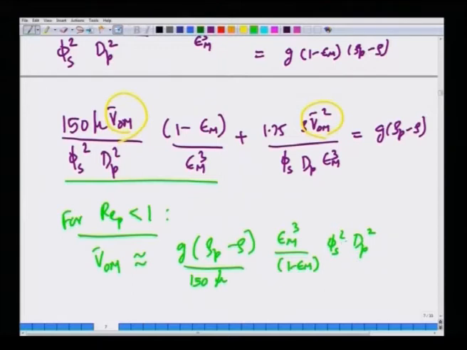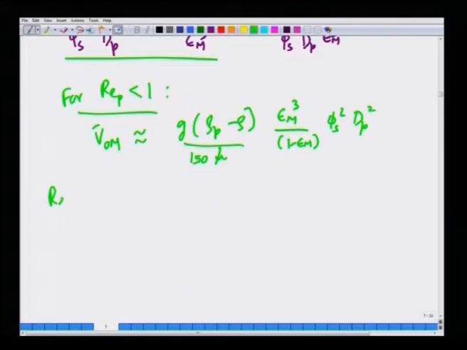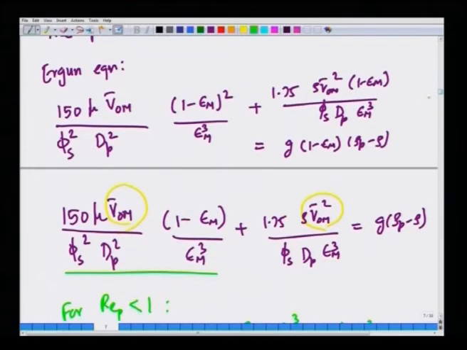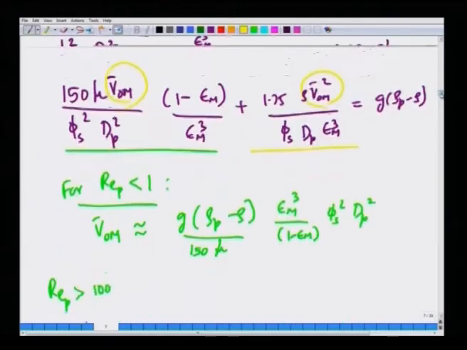And when the Reynolds number based on the particle is large, 1000 let us say, for V0m we neglect the first term and take only the second term. So, this will be the dominant term when the Reynolds number is large.